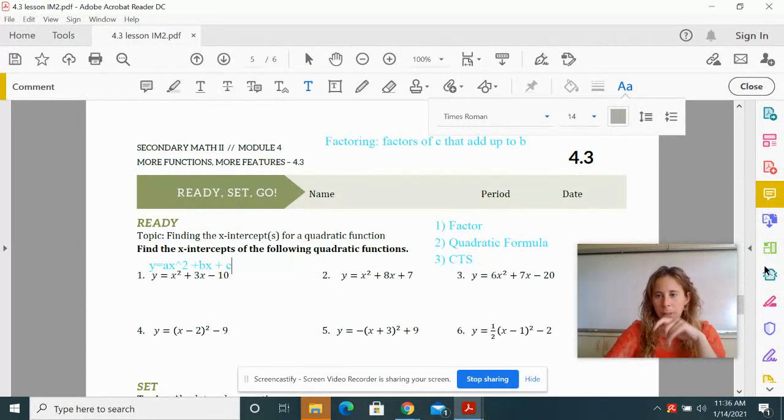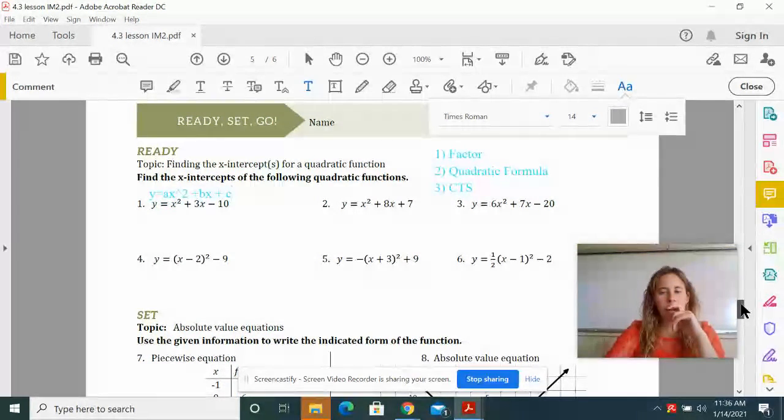Number 3, I recommend using the quadratic formula. And then the last 3, they give them to you in vertex form. So I'll do number 5. So what you're going to do on 4, 5, and 6 is put them equal to 0.